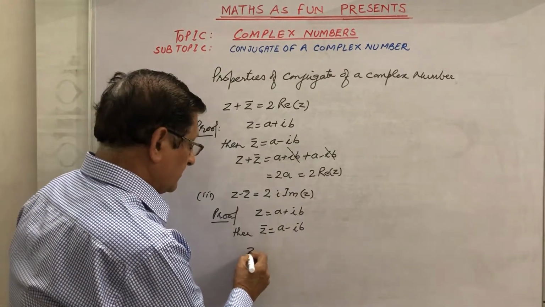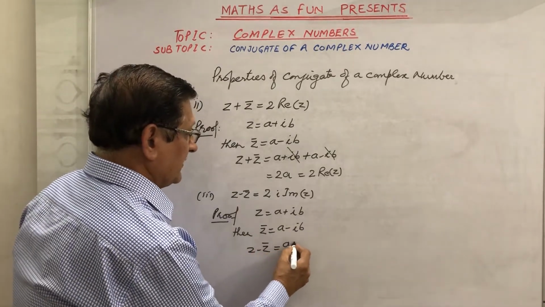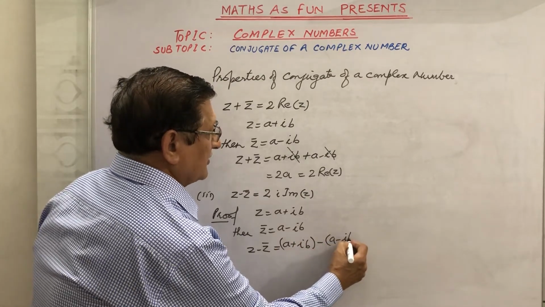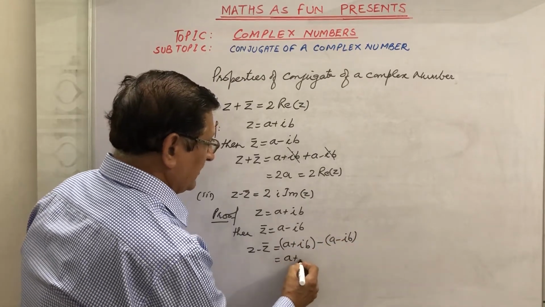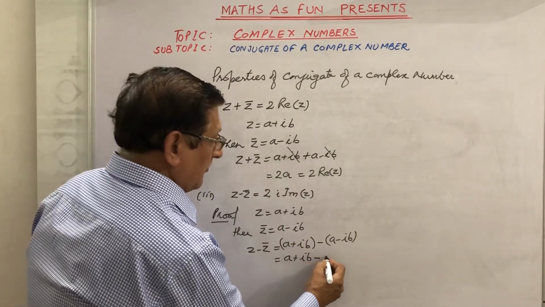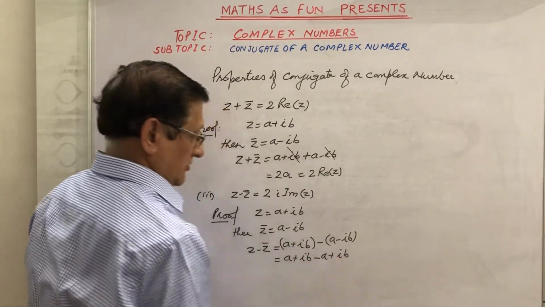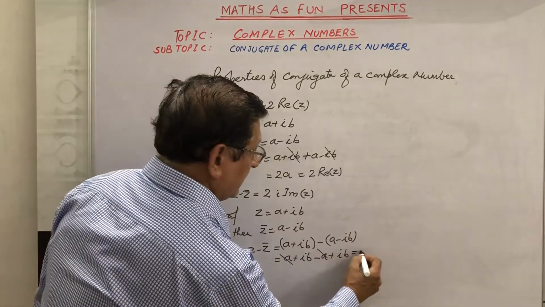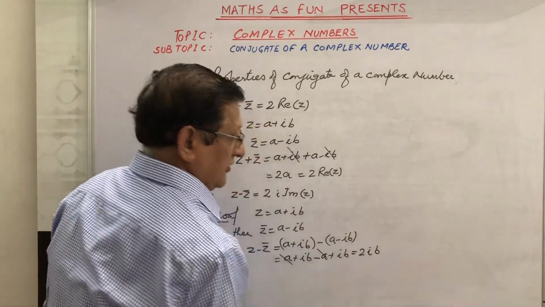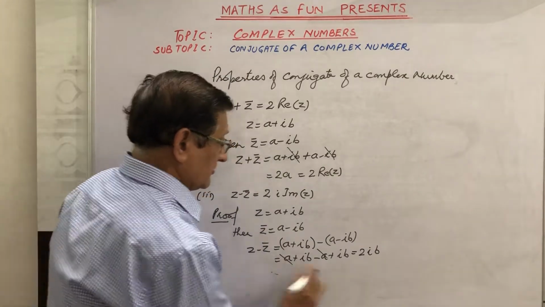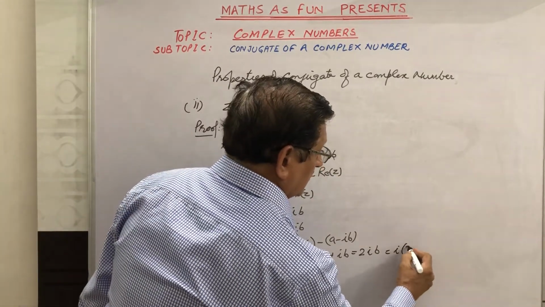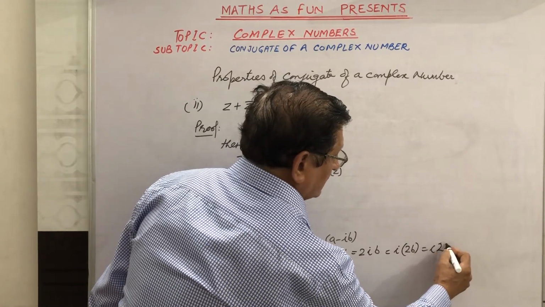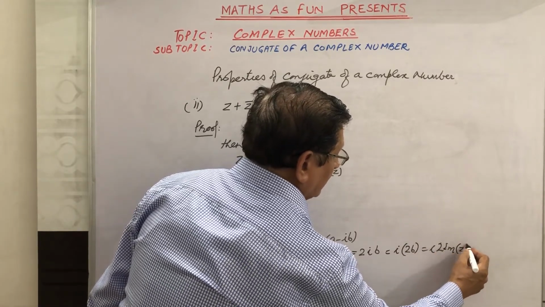If we subtract, z minus z bar is a plus iota b minus a minus iota b, and we find a plus iota b minus a plus iota b. Now a and a will get cancelled, and this will be twice iota b. Can we write this as iota into twice b, that is iota into twice the imaginary part of z.